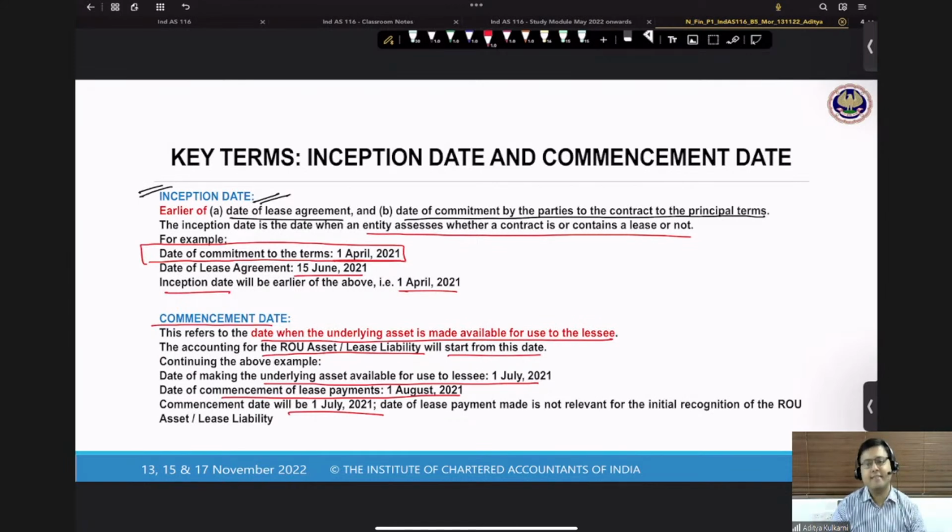You are getting the asset to be used with effect from 1st July. It happens many times. You take a huge factory space on rent. The first 2 to 3 months go only in setting up the factory, placing your machinery, getting the storerooms and the dispatch area ready, ensuring water supply is there, and ensuring you meet your safety requirements.